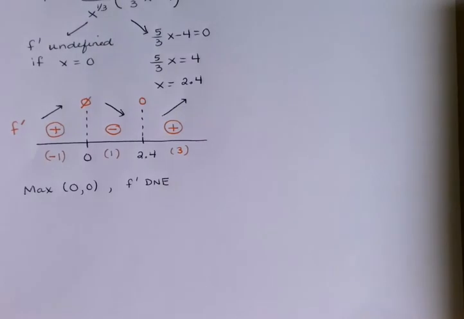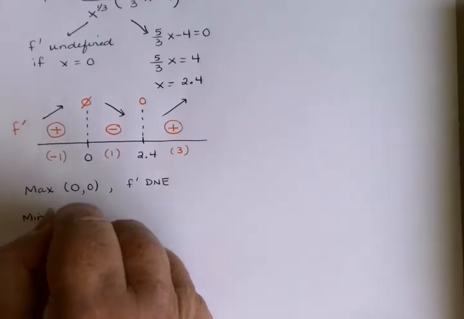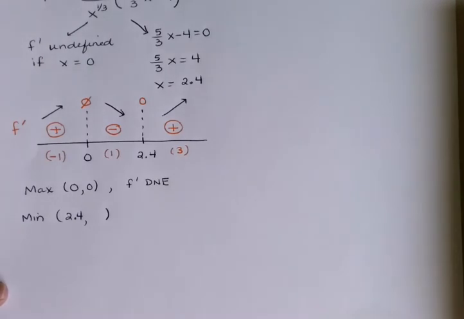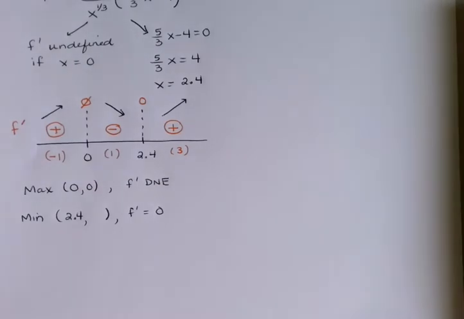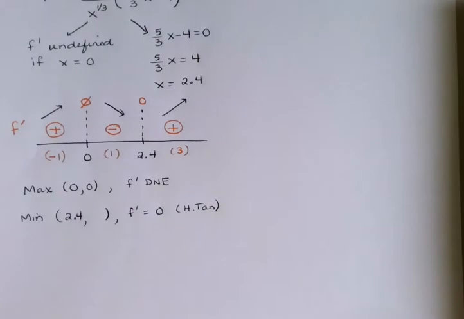So I'm looking at an unusual situation, either a vertical tangent line or a sharp point where the graph is different from different directions. I then have a minimum when x is 2.4, and I'll get the y value for that a little bit later. And at that point, my derivative is equal to 0, so there's a horizontal tangent line. That's the one that we've been seeing, so that one's going to look a little bit more normal to me. All right, I'm going to set that aside for now, and we'll come back to that when we're ready to graph.